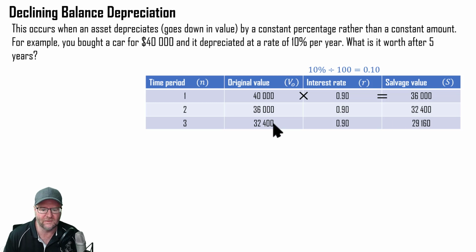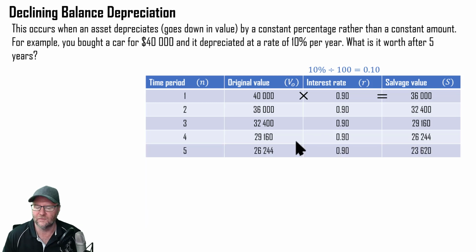So I'll drag that over here and repeat the process. Times it by 0.9. At the end of year three, it's worth that. Let's do the same. So that's the value at the start of year four. And hopefully you can just see the process has been repeated. Now, after doing this 5 times for 5 years, I've got down to a value of 23,620. Every year just taking 10% off the previous year's value.